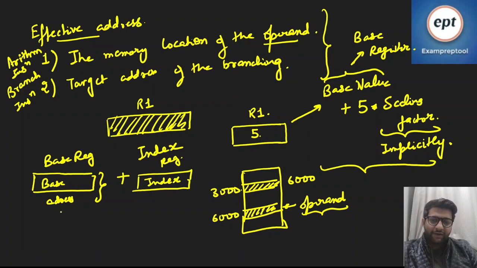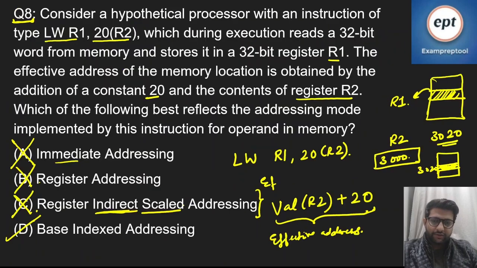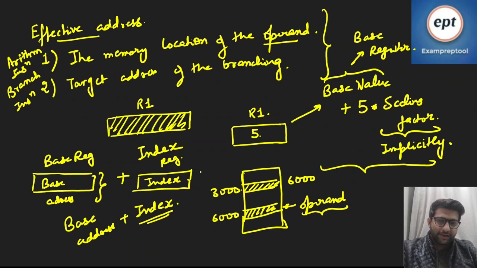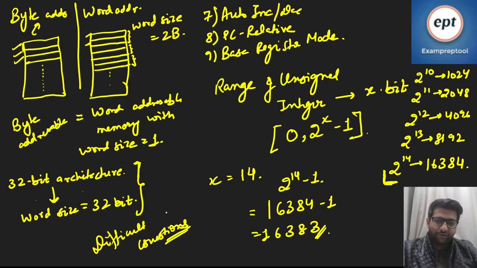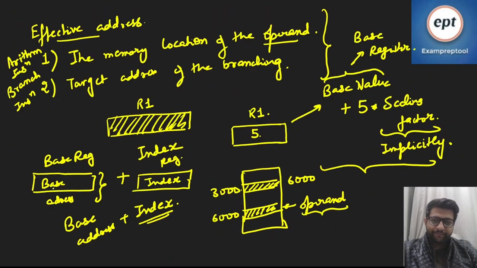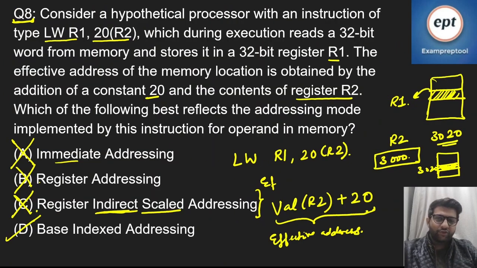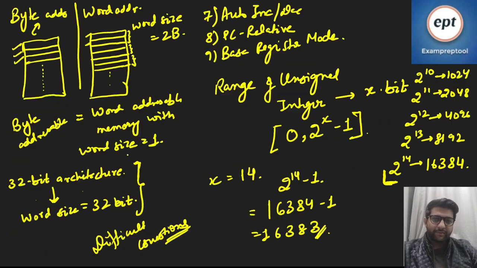We get the effective address by the formula base address plus the index value. So this is what we are doing here. R2 is our base register, and this 20 is a constant that we are adding to get to a particular index. That is why option D is correct.